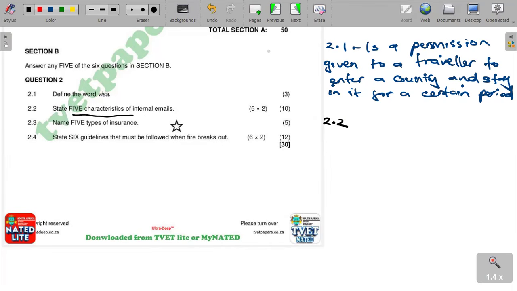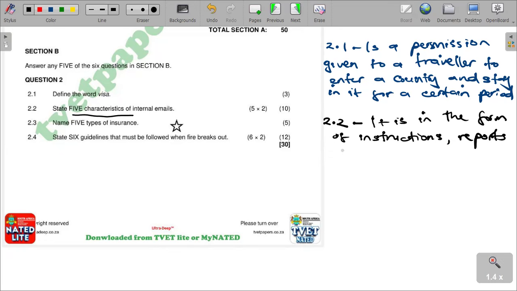These include, 1, it is in the form of instructions or reports or short messages.